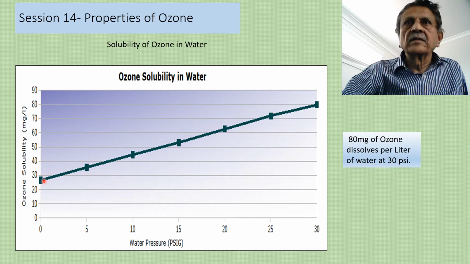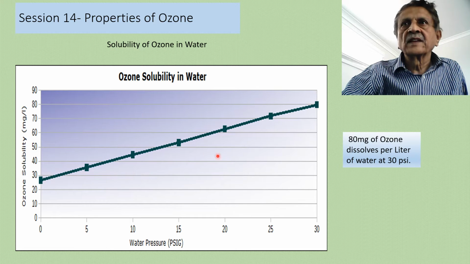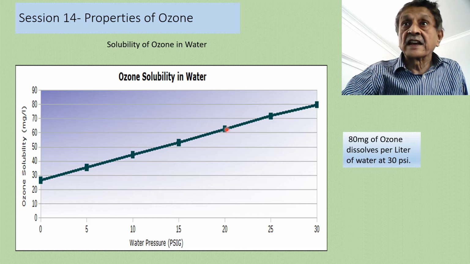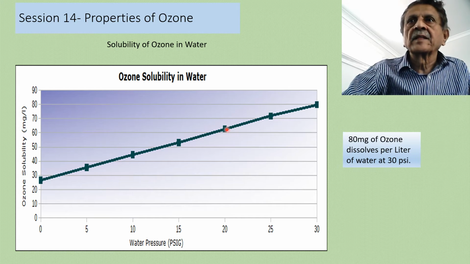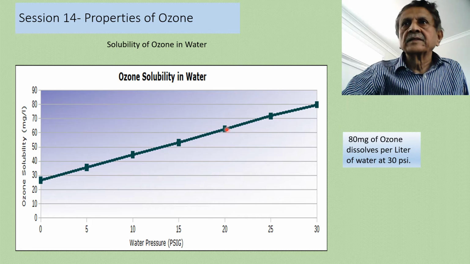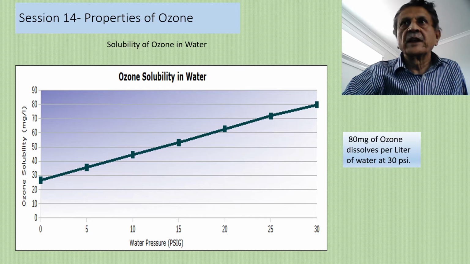So when we manufacture ozone, generally the gas pressure is about 20 psi, and we could increase it to 30 psi and allow it to dissolve in the water. But we are limited by the ability of the machine or generator to accept higher pressures.